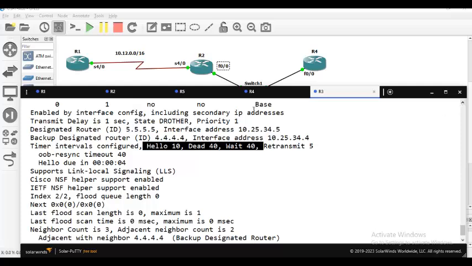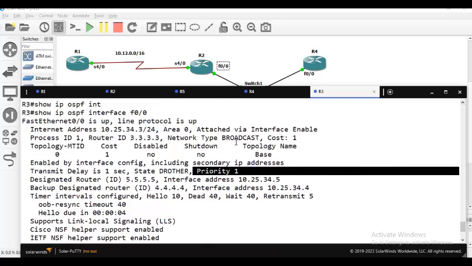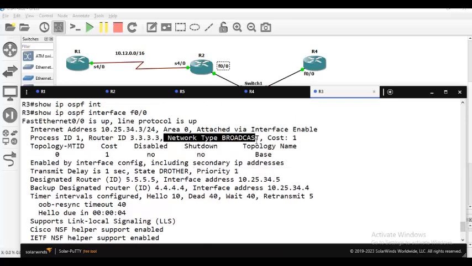And one more thing, you see the network type. On the Ethernet links, the network type is not point-to-point. It is broadcast. I showed you on router 1, it is point-to-point. Even in router 2 serial 4/0, you can see that. Show IP OSPF interface brief. You can see that point-to-point.